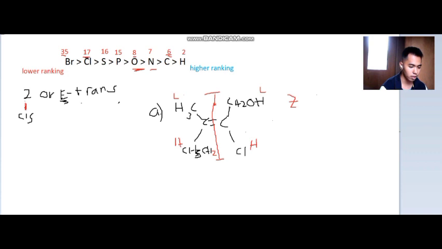So this is a Z compound. So the answer to our first problem is Z.